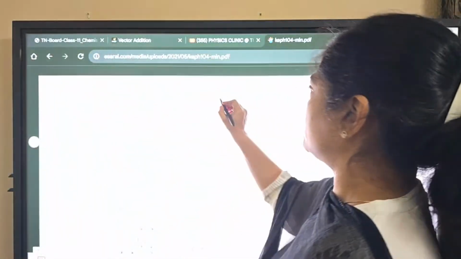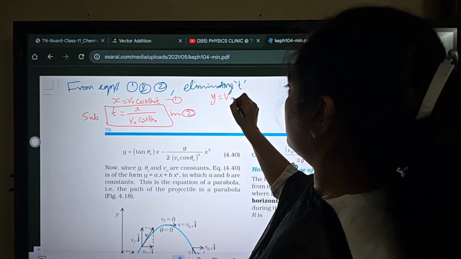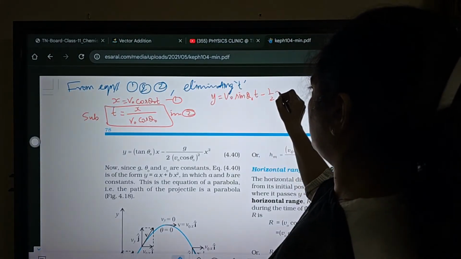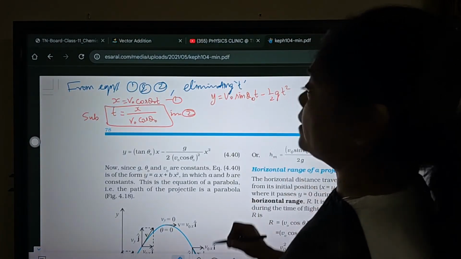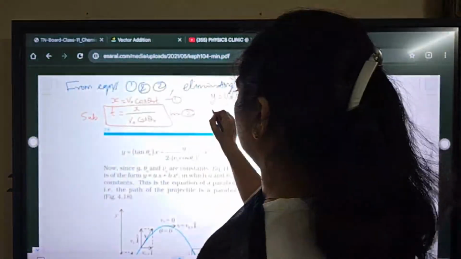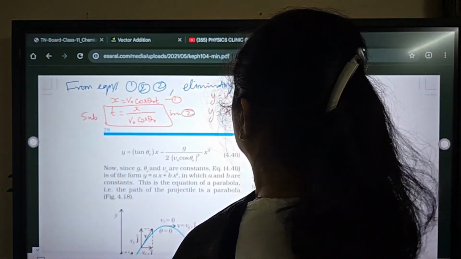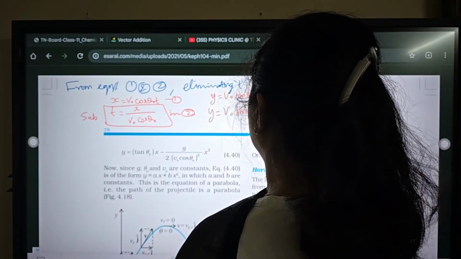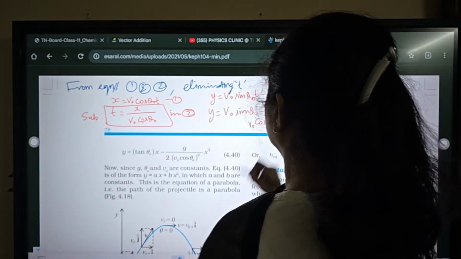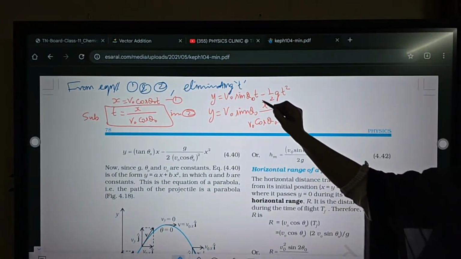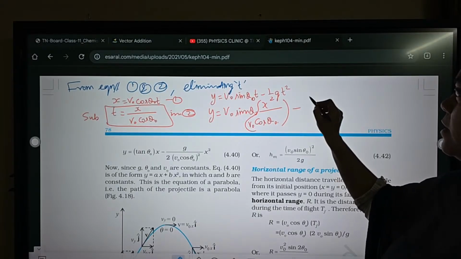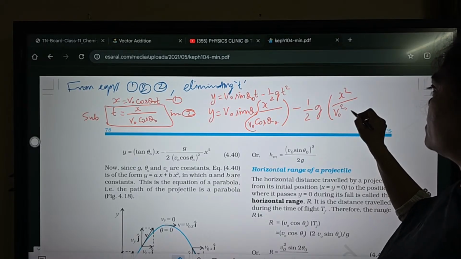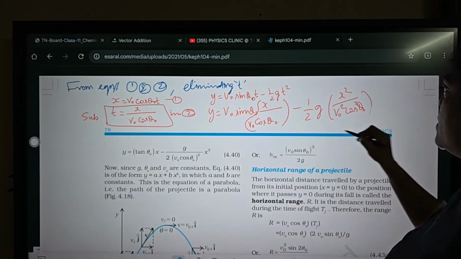What is the second equation? y equal to v naught sin theta naught t minus half g t square. Correct? So in this you are going to substitute, instead of t, x by v naught cos theta naught. Got it? x by v naught cos theta naught minus half into g into x square by v naught square cos square theta naught, since it is t square, right?